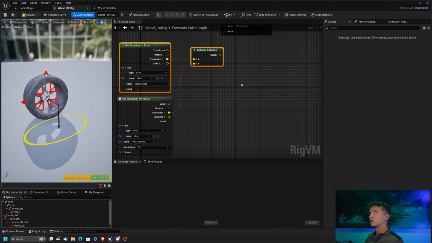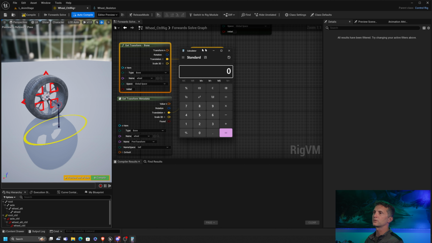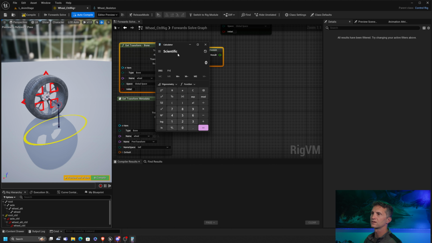Okay, so it's 33.8 times pi though. Hold on a second. And that's not 33.8, it's 33.8 times 2, because that's the diameter. So 33.8 times 2, that's the diameter, and then times pi. What? There's no pi? Where's my scientific?